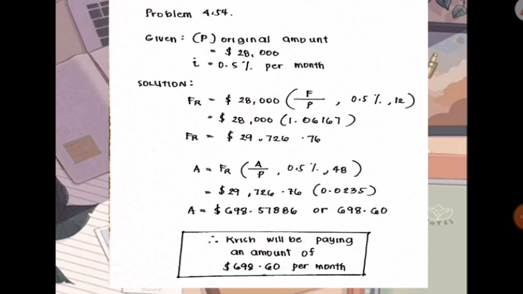So, it is equal to $29,726.76, quantity 0.0235, times 0.0235. So, A is equal to 698.57886 or $698.60. Therefore, Chris will be paying an amount of $698.60 per month.